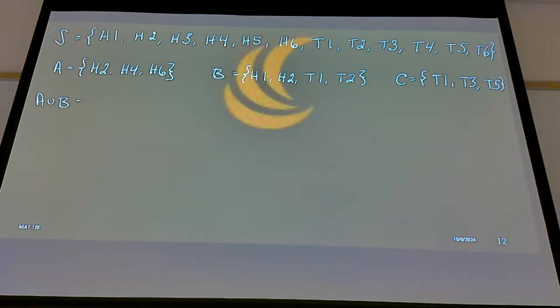I'm now going to explicitly state A union with B. The union of 2 sets is everything that's in one or the other.